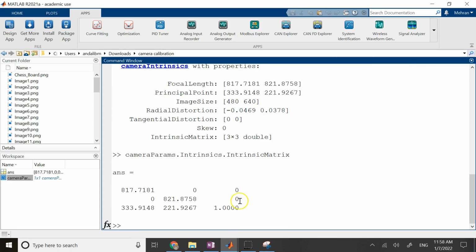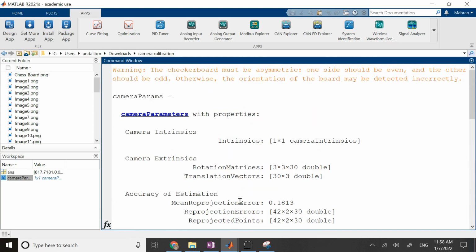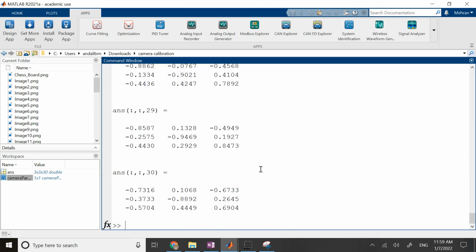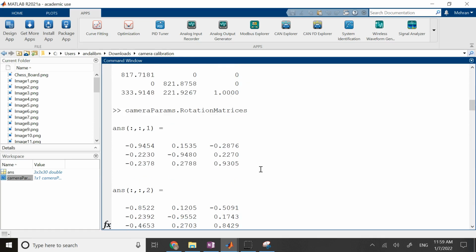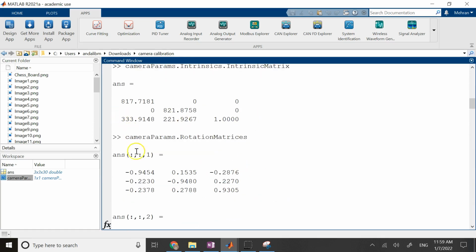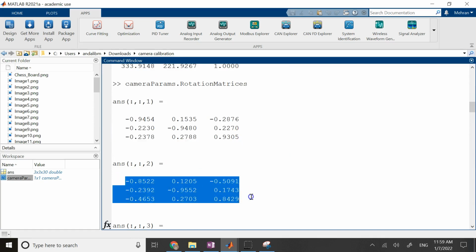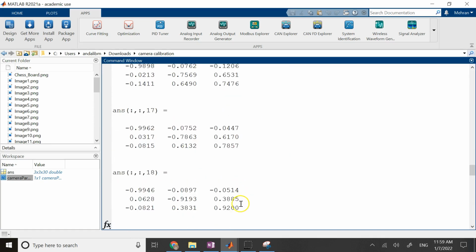Good. Now, if you also want to see the translation or the rotation matrix for each and every one of those positions, then all you need is to pass it through the camera params, and here you see this is the rotation matrix for the first picture. This is the rotation matrix for the second picture, and so on, all the way to the 30th picture.